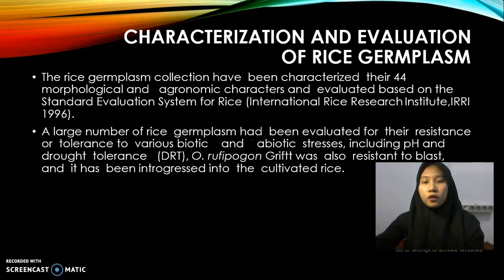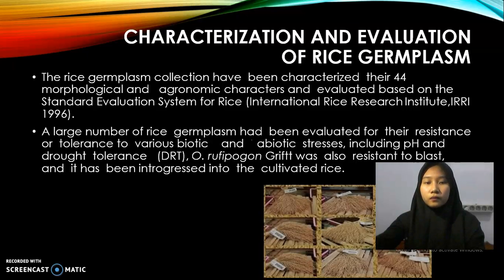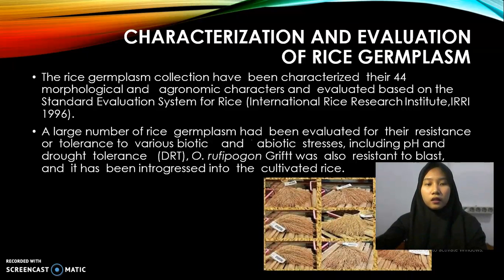A large number of rice germplasm have been evaluated for their resistance or tolerance to various biotic and abiotic stress. And you can see this is a sample of rice germplasm from all provinces in Indonesia.